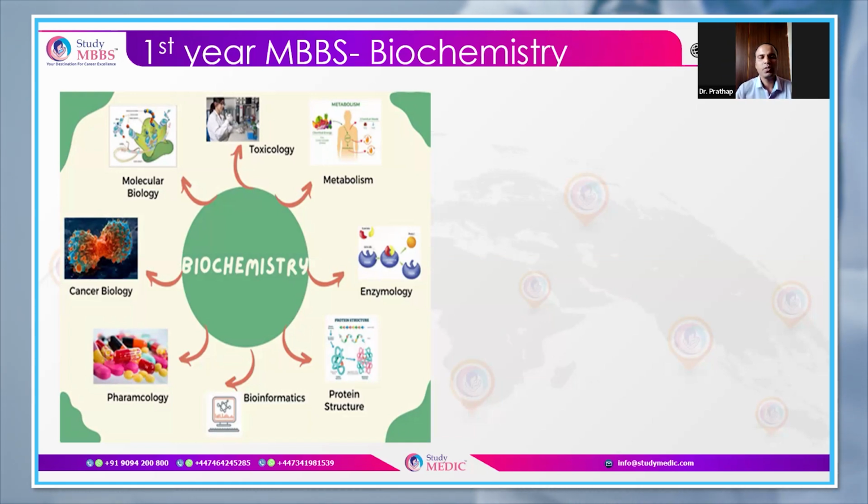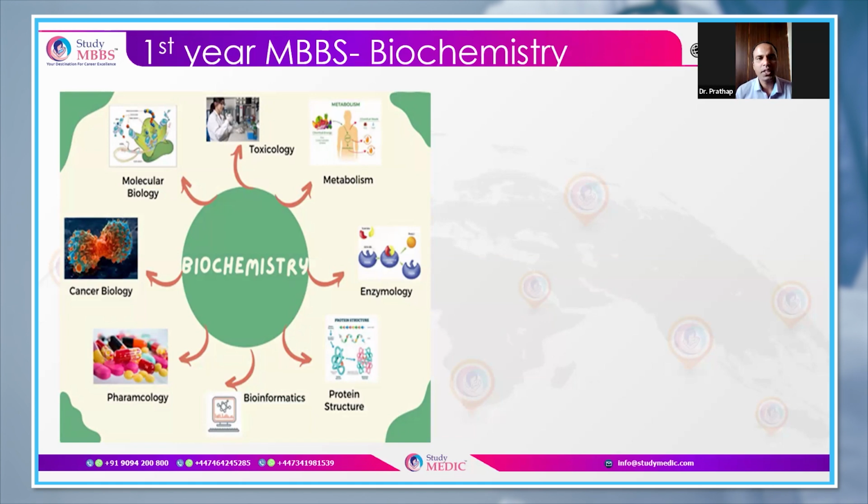In these subdivisions we have the metabolic pathways, the basic molecular biology within individual cells, how in cancer they respond, how in infection they transform, and the basic structure of the macromolecules like carbohydrates, proteins, and lipids.